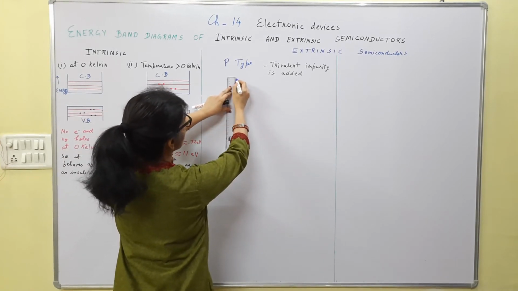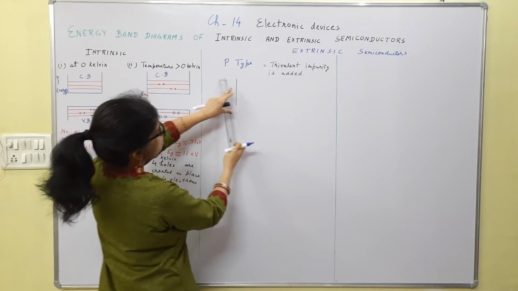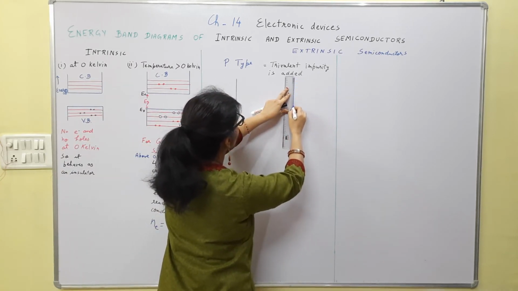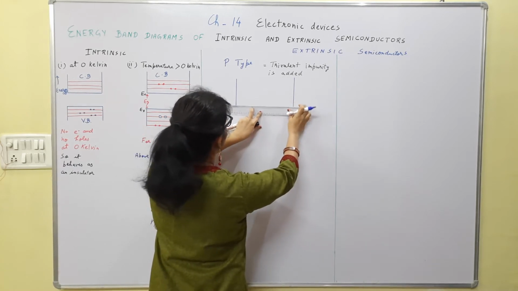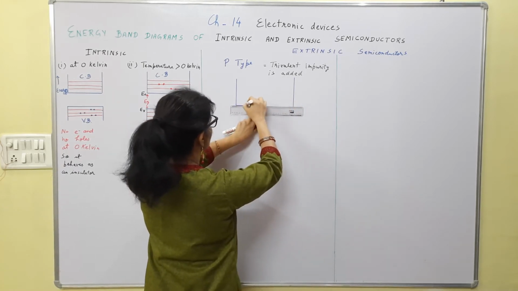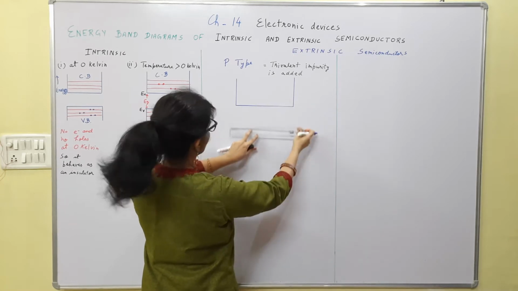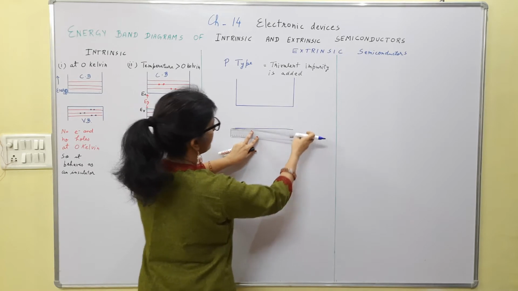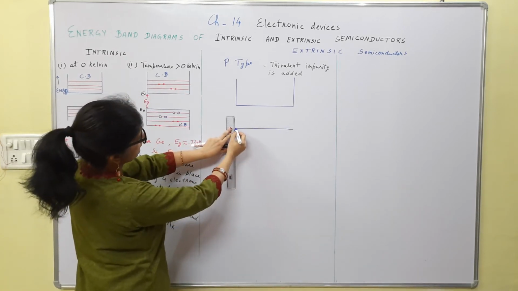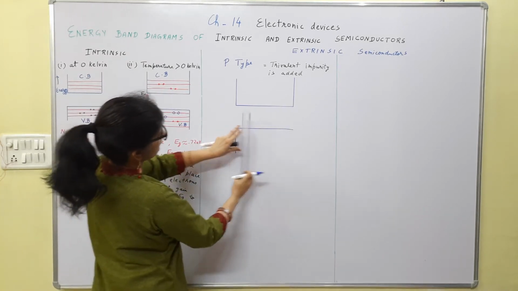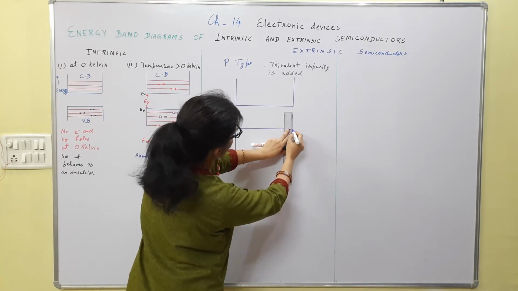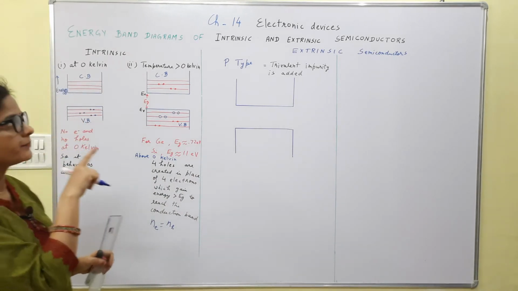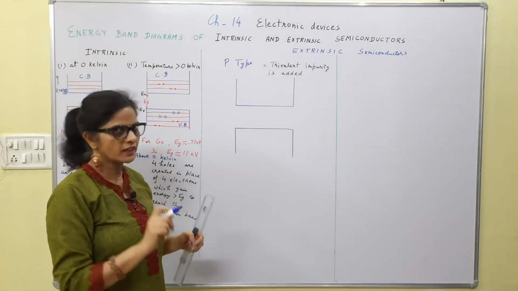So if we look at the conduction band, this conduction band is here. Again, the valence band is here. Now we know that trivalent impurity means it is short of 1 electron.